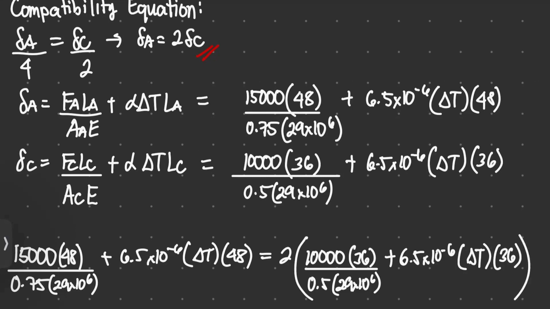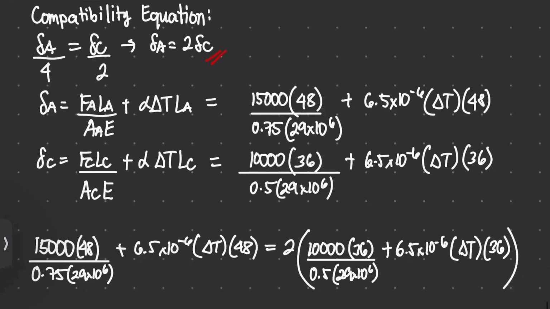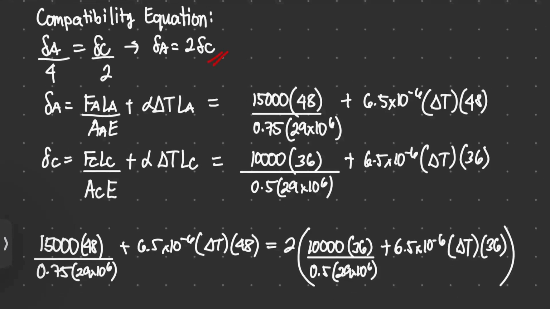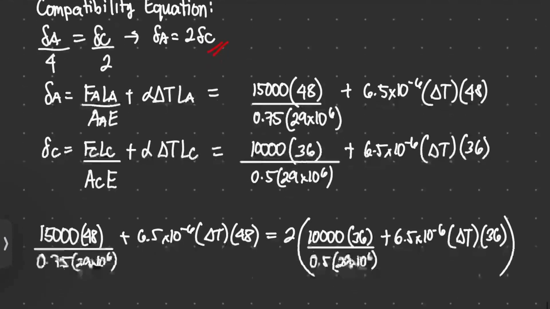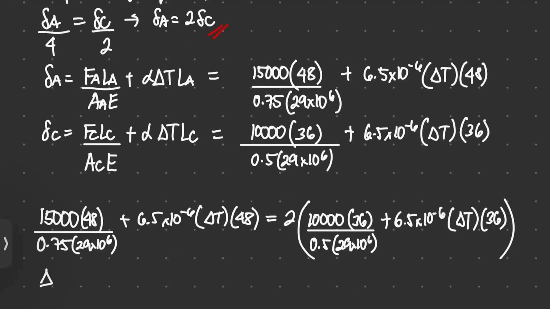So for this type of equations, we can solve it manually or we can shift solve. So using our shift solve in our calculators, the change in temperature must be equal to negative 106.10 degrees Fahrenheit.